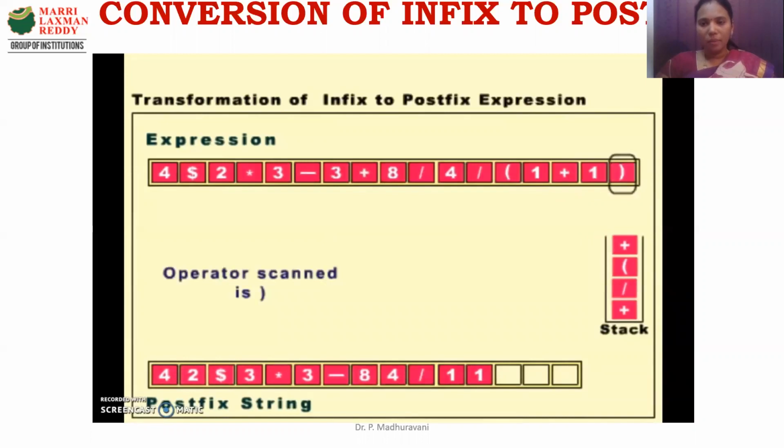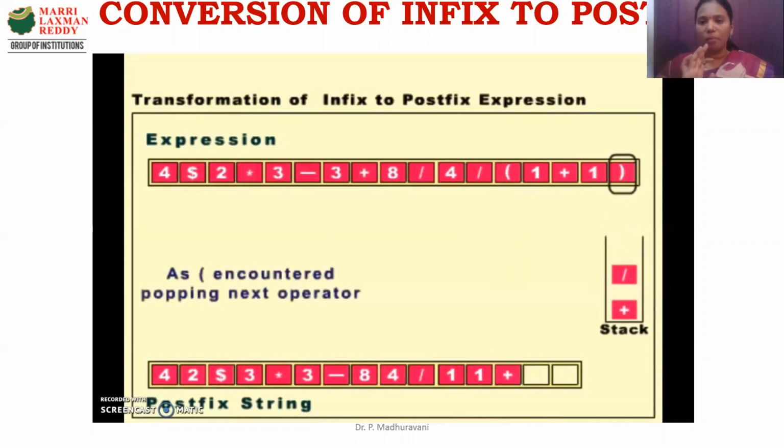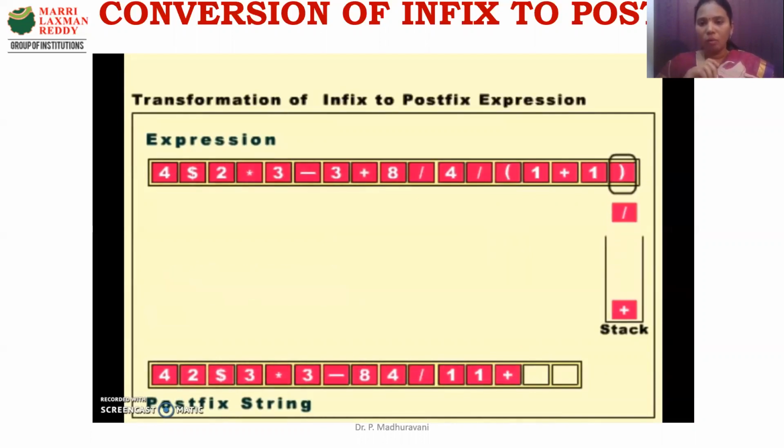The next scanned symbol is the right parenthesis. Whenever you encounter the right parenthesis, you need to pop the stack until you encounter the left parenthesis. Once you reach the left parenthesis, simply remove it. Then once you reach the end of the infix expression, you need to pop all the contents from the stack and display them as the output expression.